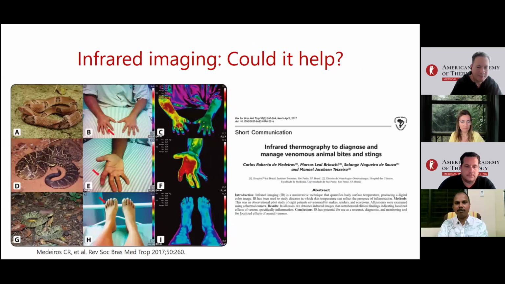That's when this wonderful paper was published by Dr. Roberto de Medeiros, wherein he described the changes in patients who had been bitten by Bothrops snakes with envenomation and another patient without envenomation. Totally, he described just 3 patients with snake envenomation, and of course, some scorpion stings also.